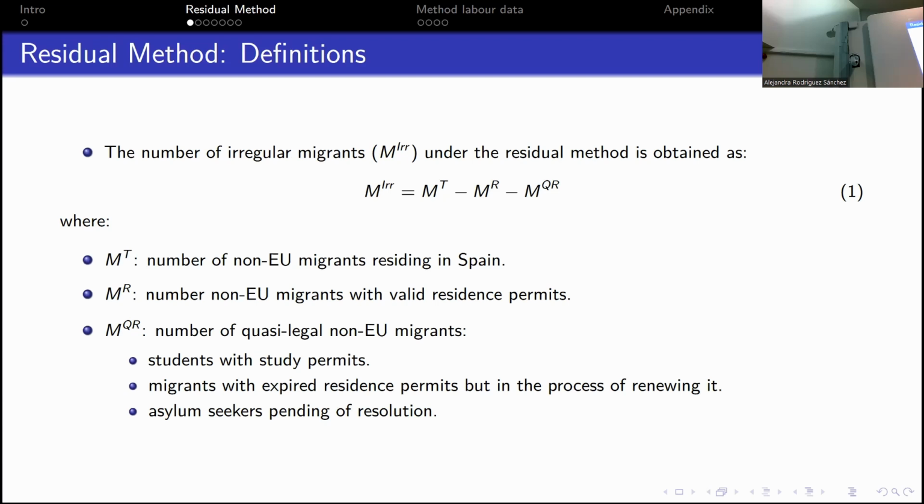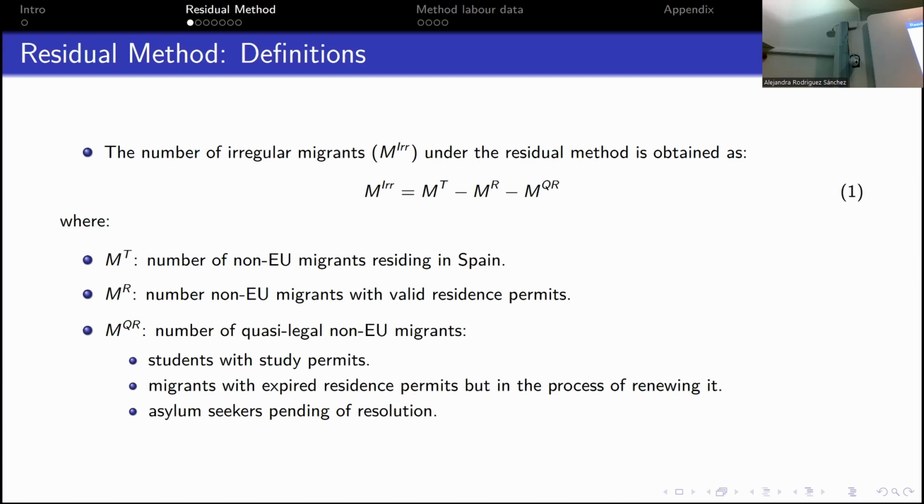And the third one, the quasi-legal non-EU, is going to be composed of three terms. The first one is the students with study permits, which are not in the MR component.